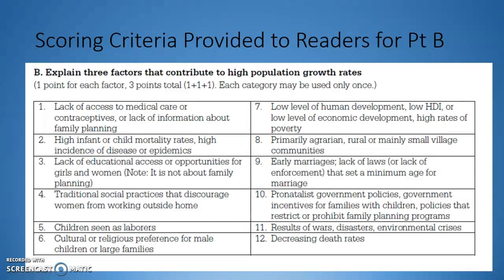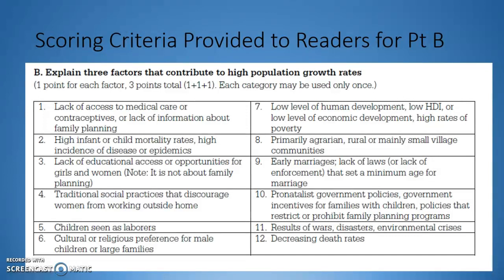But it is also slightly different. Number 9, early marriages, a lack of laws or a lack of enforcement of the laws that set a minimum age for marriage. For number 10, pronatalist government policies, government incentives for families with children, or policies that restrict or prohibit family planning programs.